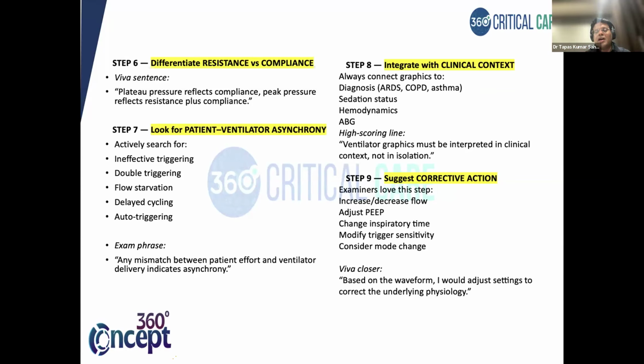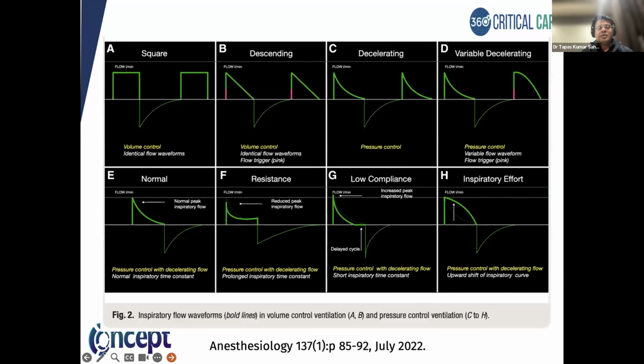And finally, you can conclude with: based on this waveform, I would adjust the settings to correct the underlying physiology, because it's always the physiology which is speaking on the monitor or screen. That's why I have kept the quote. It's the patient who is talking, but as the tube is there, it is being relayed through the ventilator screen. And you, as a smart intensivist, can understand what words the patient is trying to whisper. Clear?